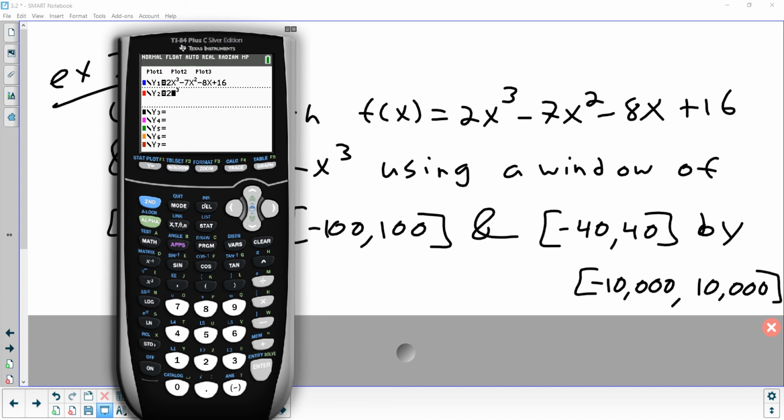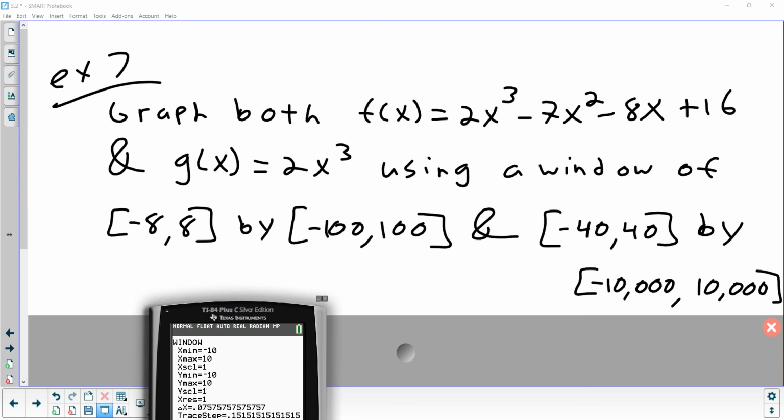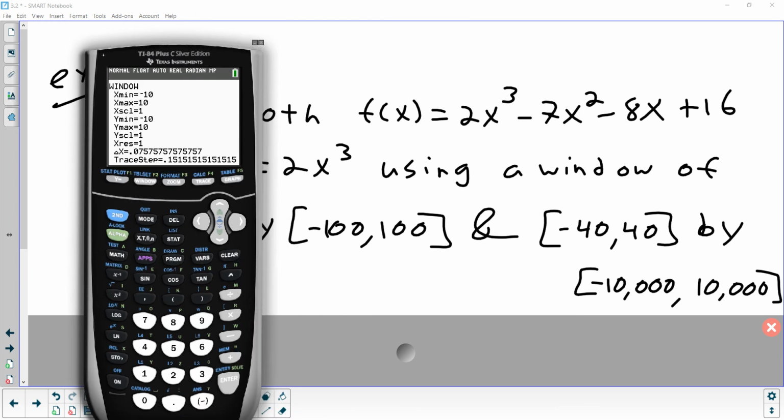And they tell us the window to use. So we don't have to guess about what kind of window we're going to use. We're going to use what they tell us. Negative 8 to 8 on the x, and negative 100 to 100 on the y. Now let's hit graph.